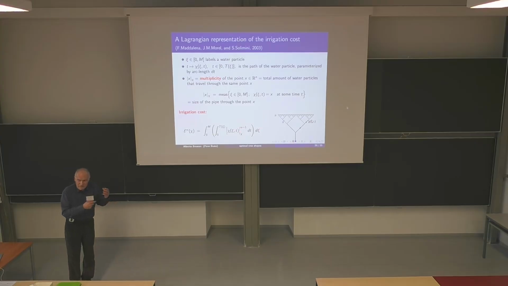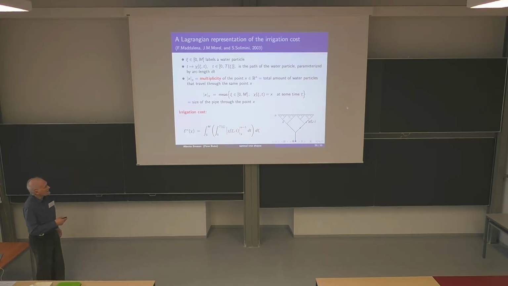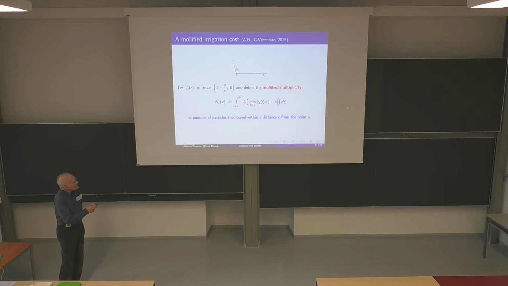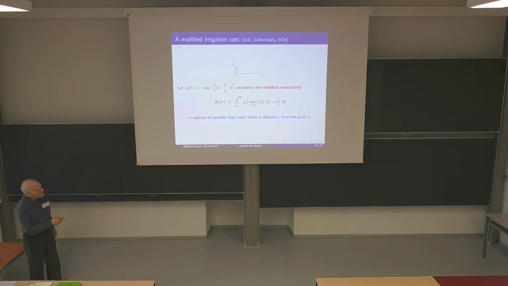Okay? So this is a way to measure the same irrigation cost. Okay? So what we are doing is modify this multiplicity here. So we take J epsilon, this function here, the maximum between 1 minus x over epsilon and 0, and define this modified multiplicity. What does this mean?